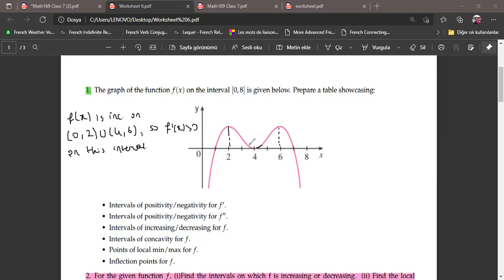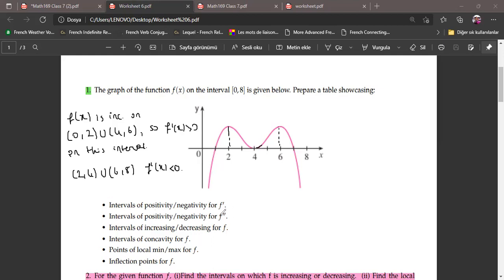We see it's decreasing on 2 to 4, union here after 6, right? So on here, f prime of x is less than 0. Okay, so we're done with this.